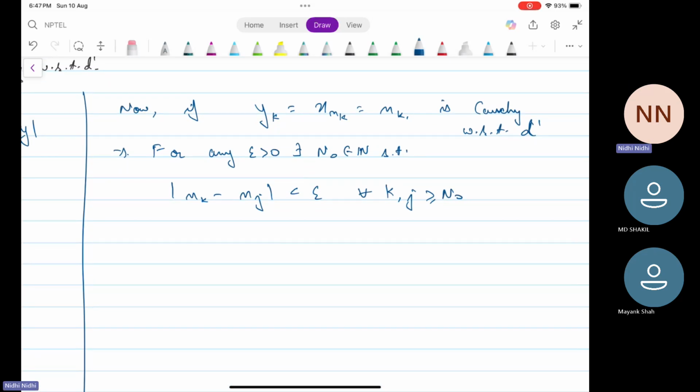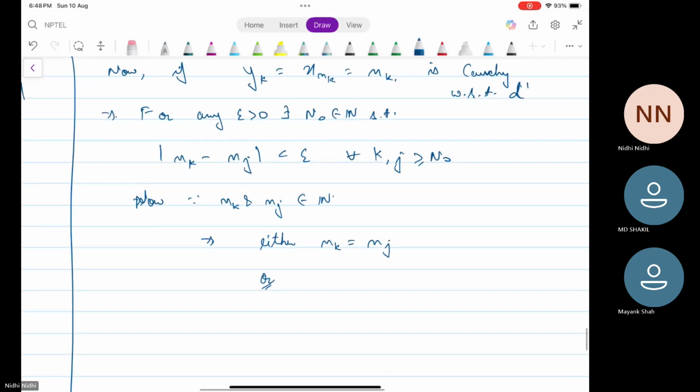Now, since these are two distinct natural numbers n_k and n_j, that's how the sequence was defined. x_n was 1, 2, 3, x1, x2, x3. So n_k and n_j are two distinct natural numbers. Since n_k and n_j belong to N, either they are equal or n_k minus n_j is greater than or equal to 1.